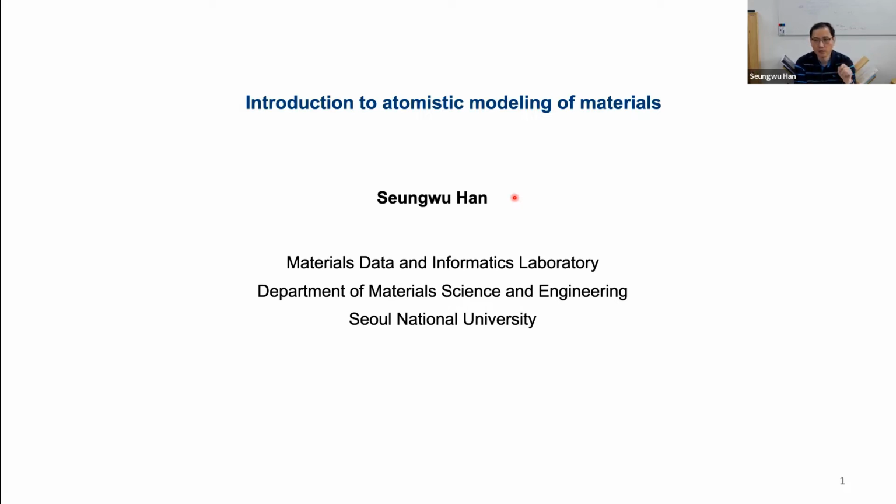And then in the last part of my talk, I will introduce the most recent development of the machine learned technique in this atomistic modeling. Okay, so I am Seung-woo Han, and I am leading the materials and data and informatics laboratory.